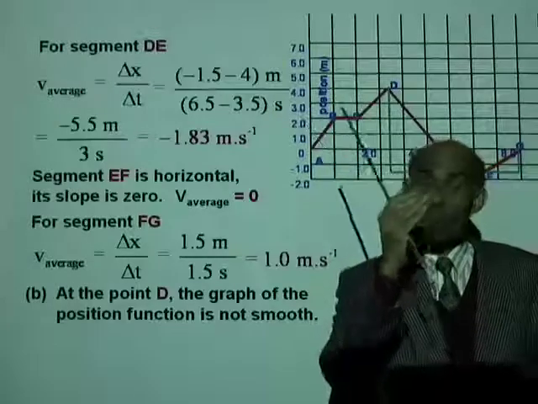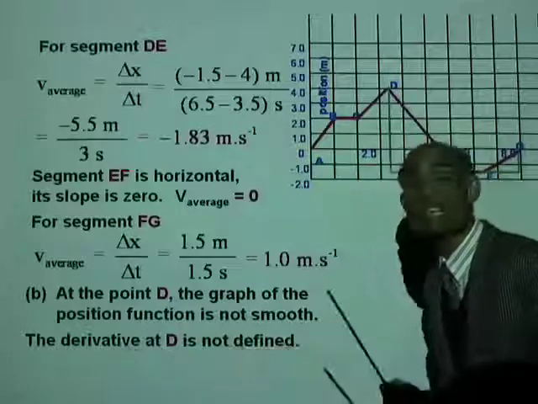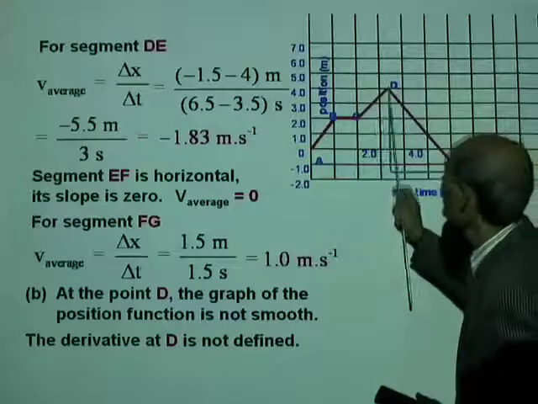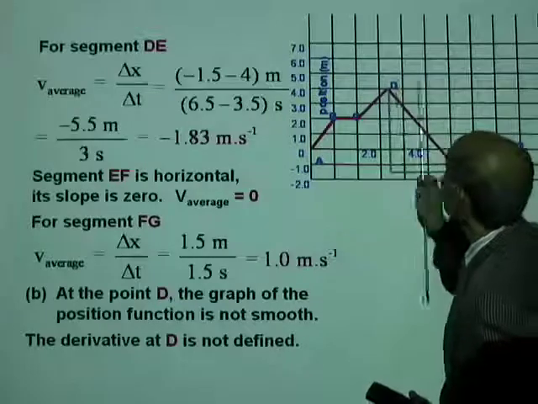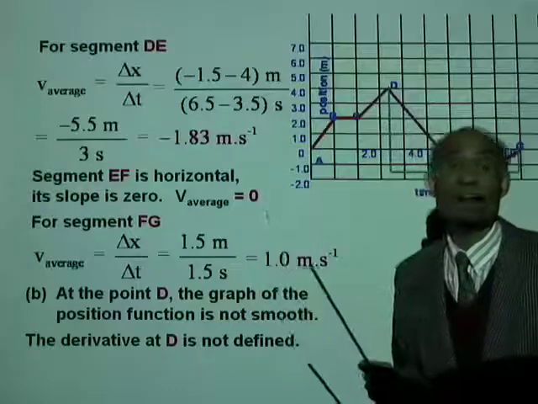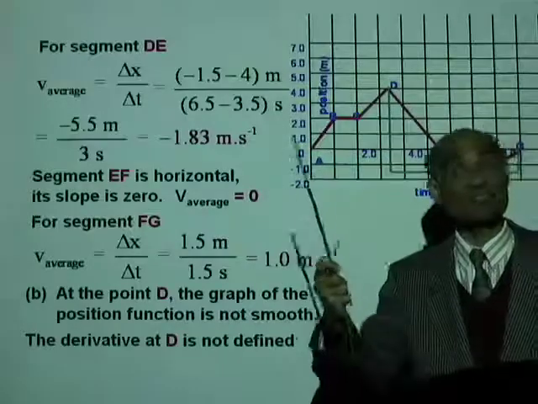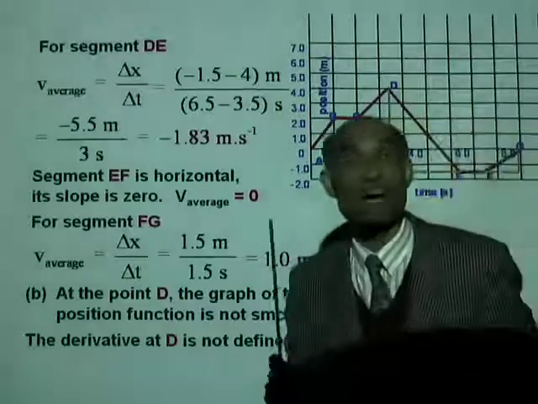That means the velocity there is not defined. The derivative at D is not defined because at D, the slope of the tangent line can be that way or that way. That means the derivative at that point is not defined. So, velocity at D is not defined.